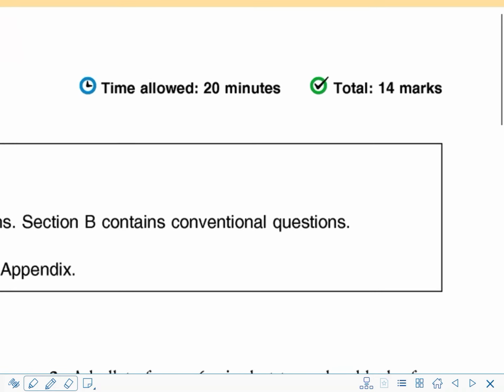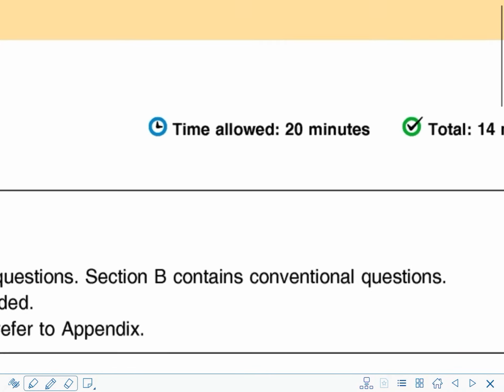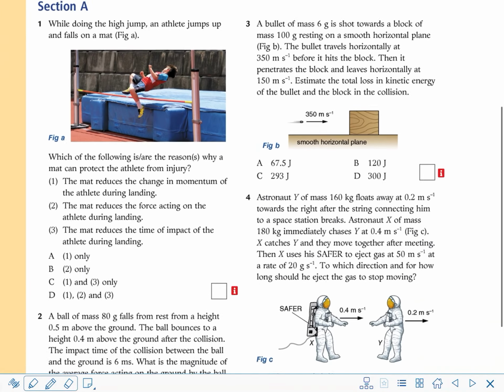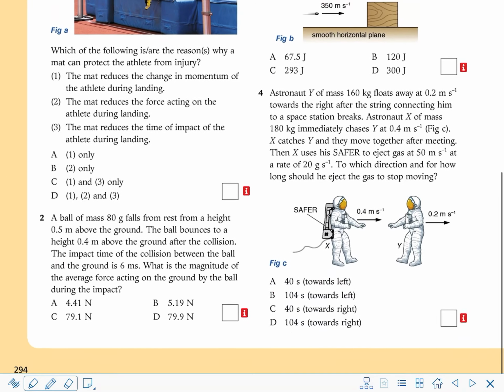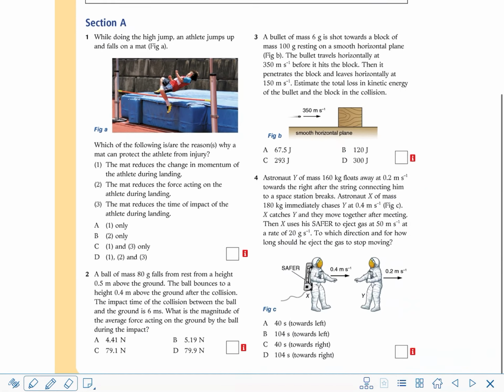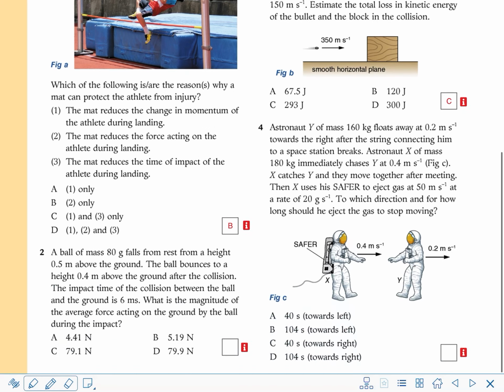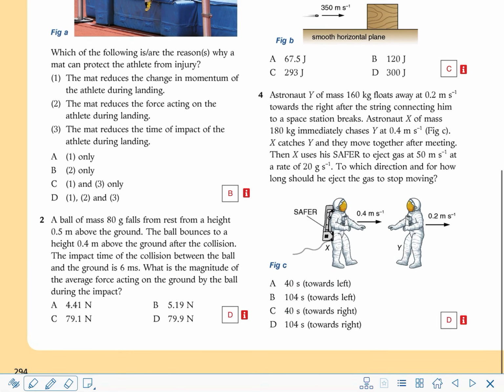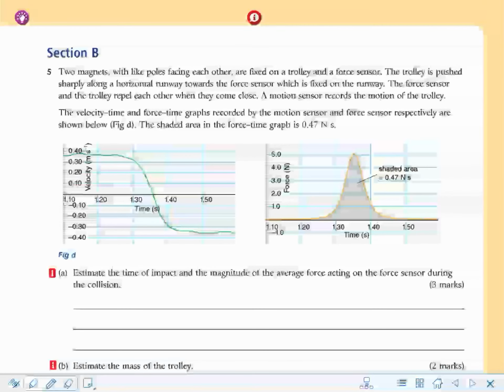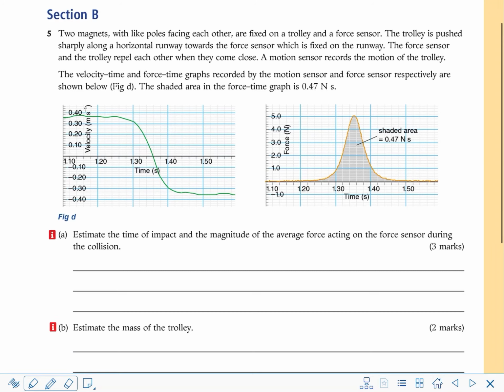And finally, the self-test. Do you have 20 minutes? Questions 1 to 4, MC. You can check the answer here or at the end of the textbook.